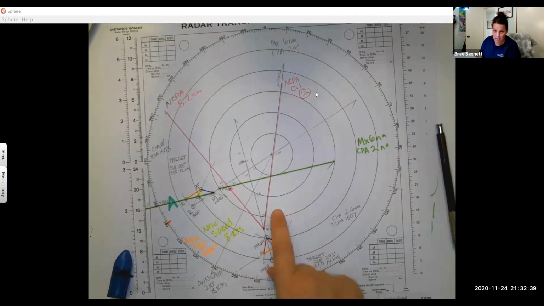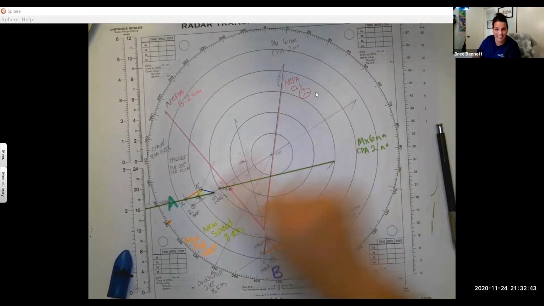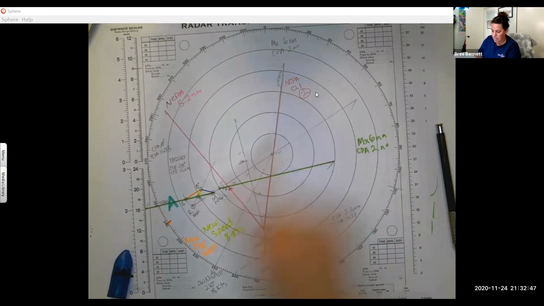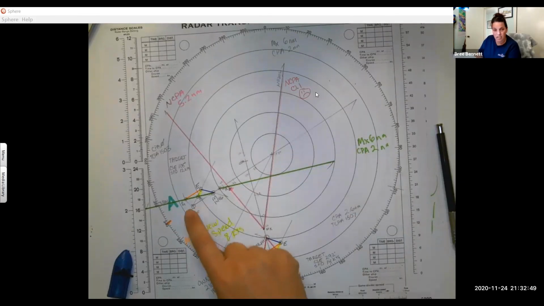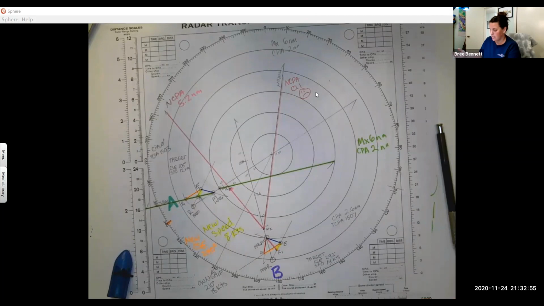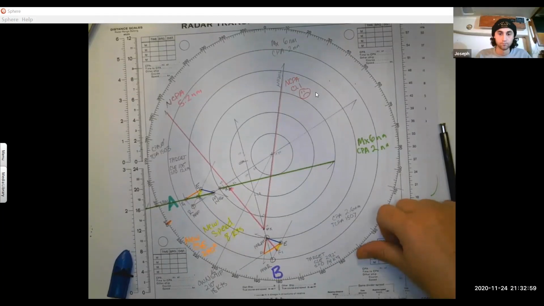When I was doing this quickly, I put the CPA on this side too, because it made more sense in my head. Then when I plotted, I was like, oh, that's a turn to the left. I don't want to turn to the left, I want to turn to the right, so I did it again. Very easy mistake to make, but you always want to turn to the right.